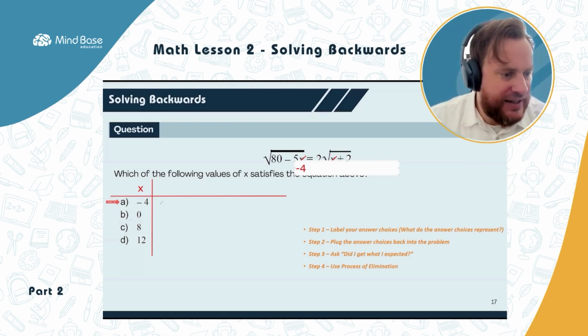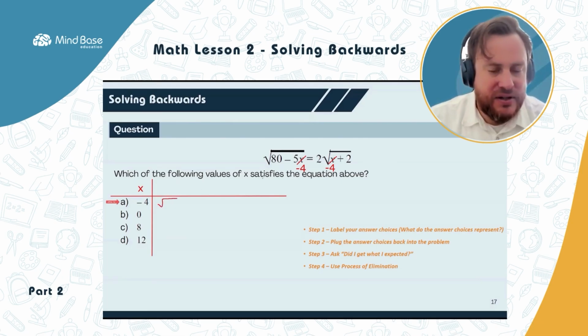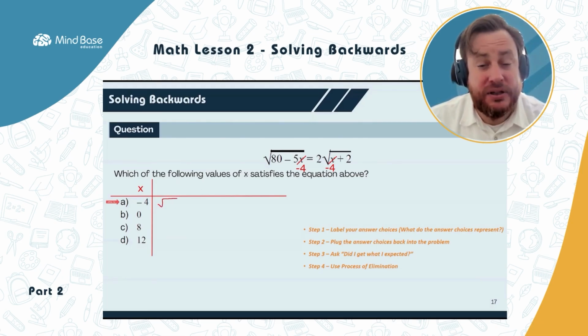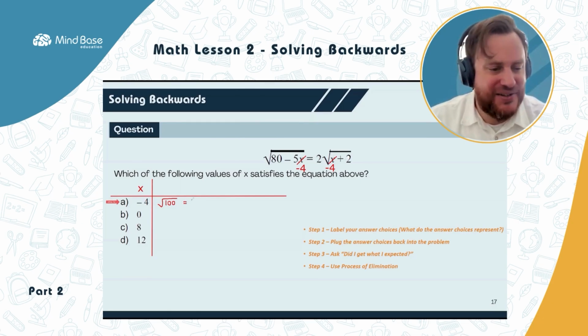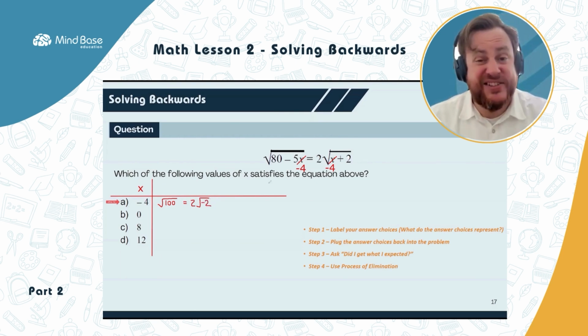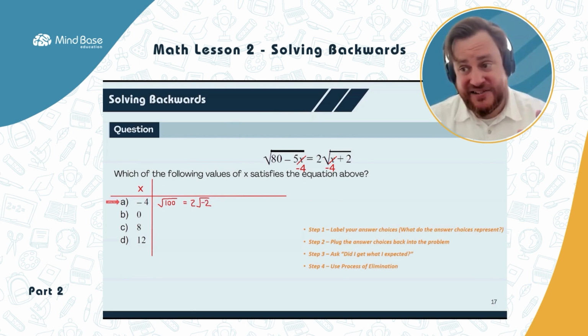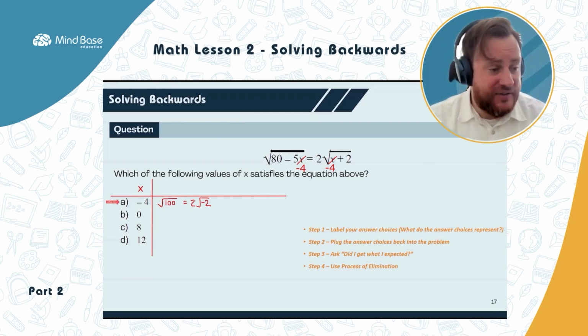The left side of the equation is going to give me the square root of 80 plus 20. Oh, the square root of 100, that's 10. But the right side of this equation is going to give me 2 times the square root of -2. And we can stop there because you can't take the square root of a negative number. Eliminate A.